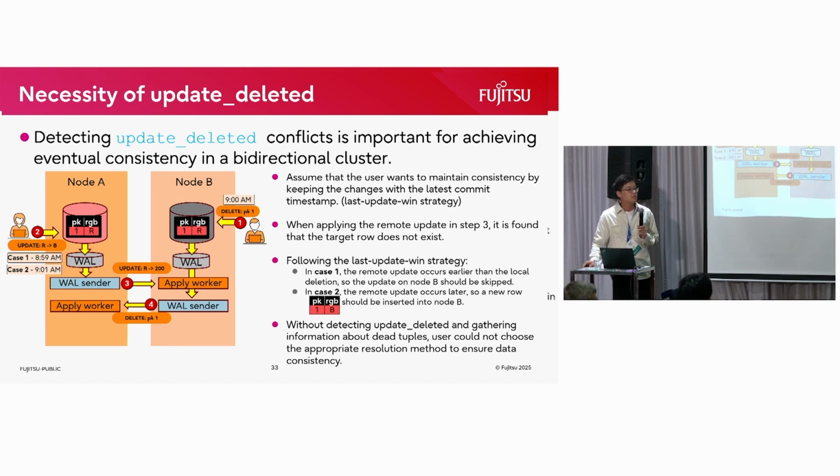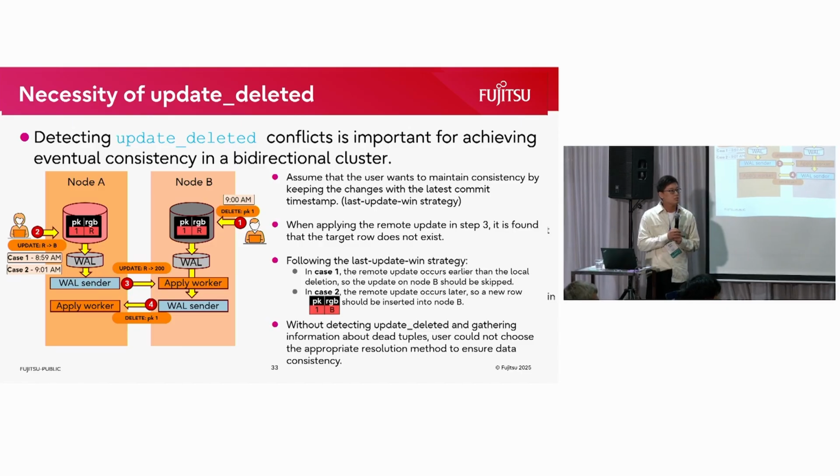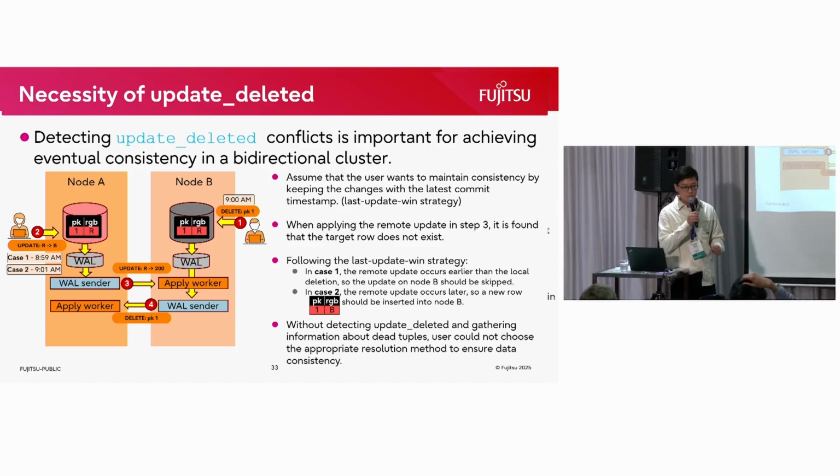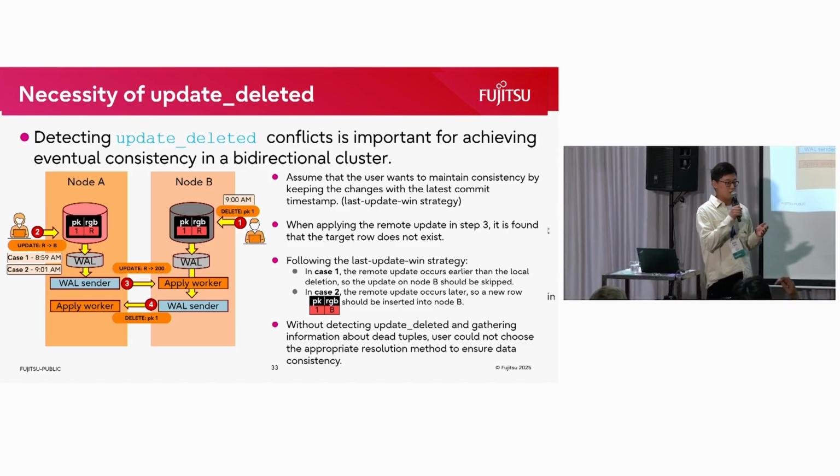When conflicts are detected, are you logging instances of conflicts occurring so people can look at a table later? We do not log the conflict into a table at this stage, but we have a plan to support this feature.